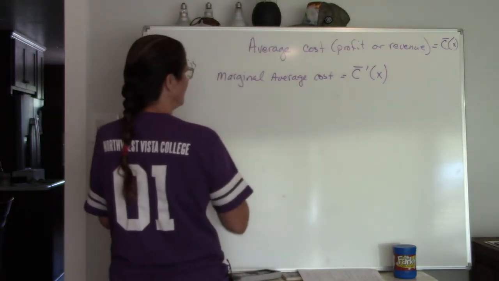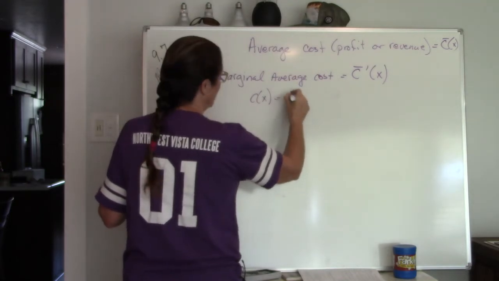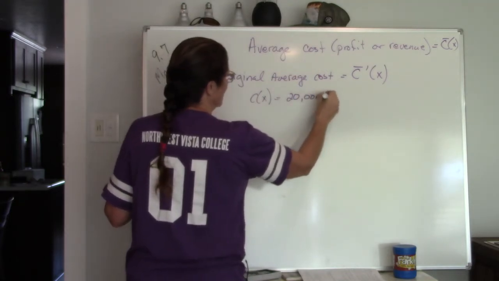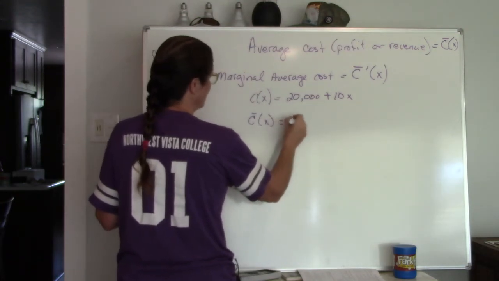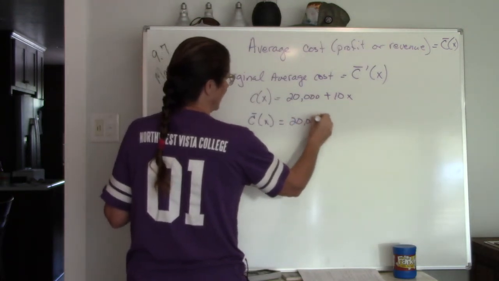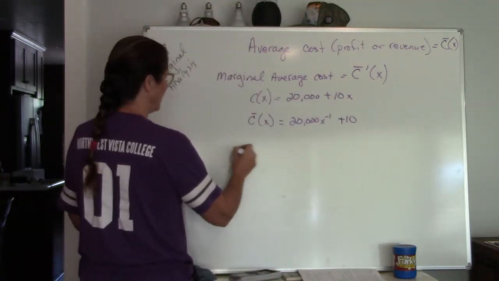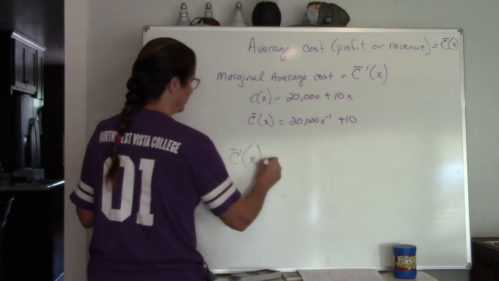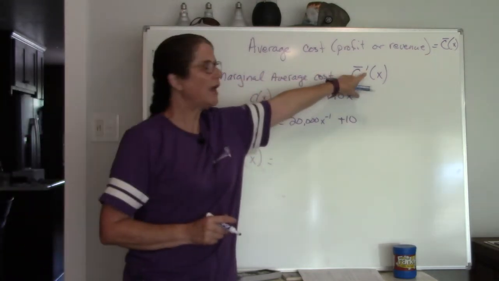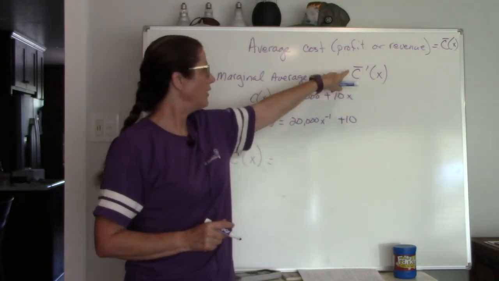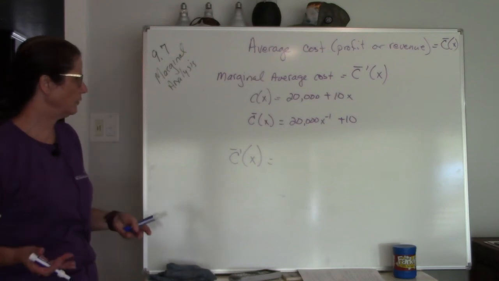Our cost function was 20,000 plus 10x. Our average cost function was 20,000 x to the negative 1 plus 10. And now we want to find our marginal average. If you notice, for marginal average, I just added a tick mark. The average is the bar, and the tick mark shows that we're looking for the derivative.